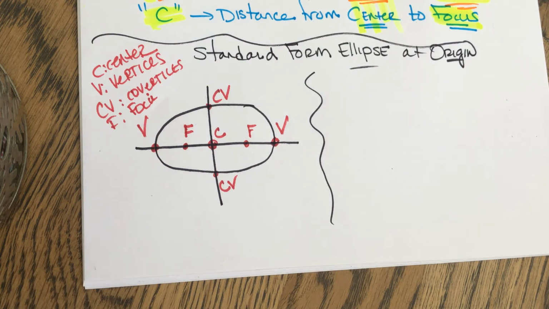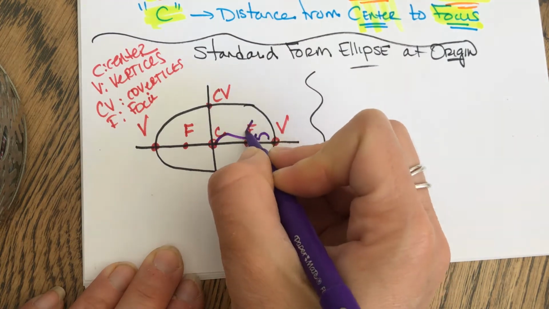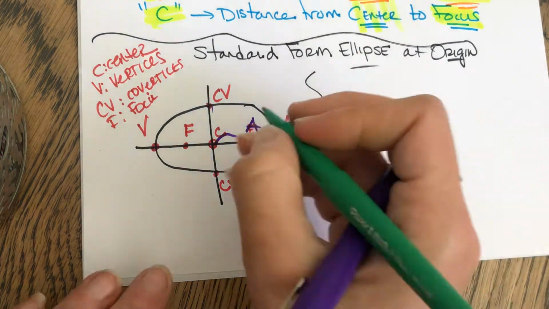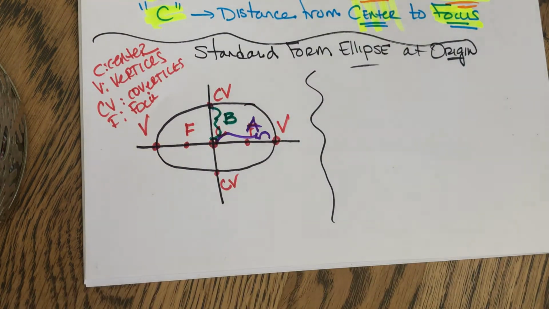Now, remember the distance from the center to the vertex is starting it. This is the A distance, and the distance from C, center, to co-vertex, is our B, remember. Okay, because now watch how this starts.